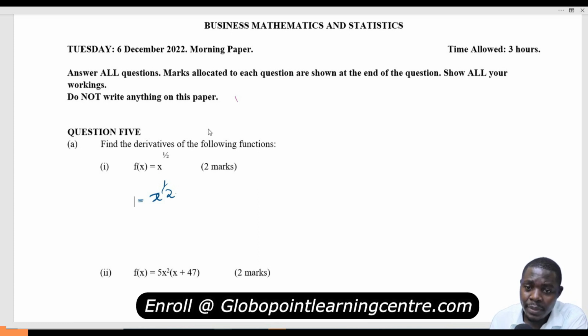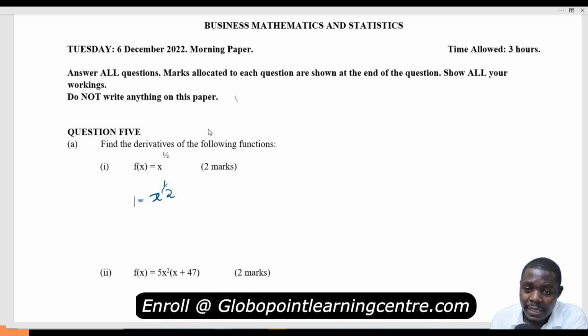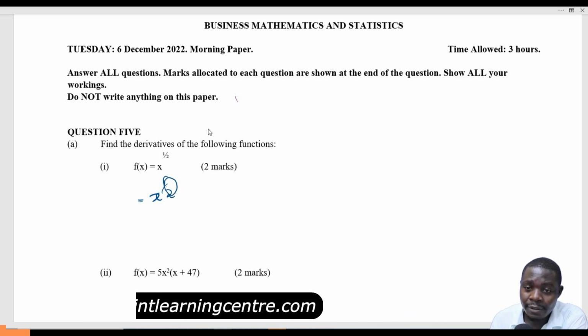In this case, we are meant to multiply by this particular half that is raised here. So we have a half multiplied by x raised to a half minus 1. What you get when you do that is a half x raised to power negative a half.